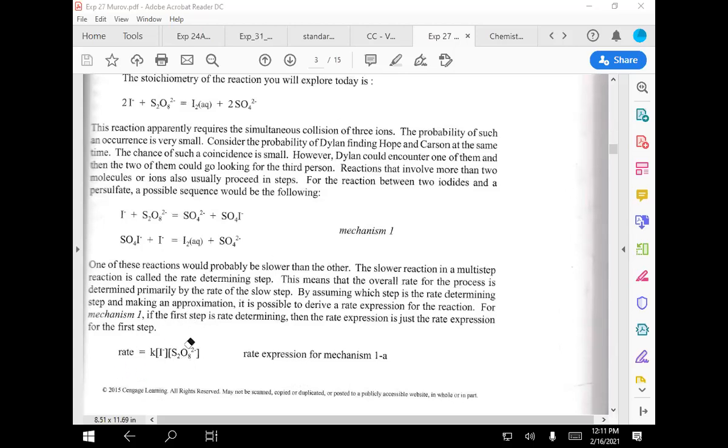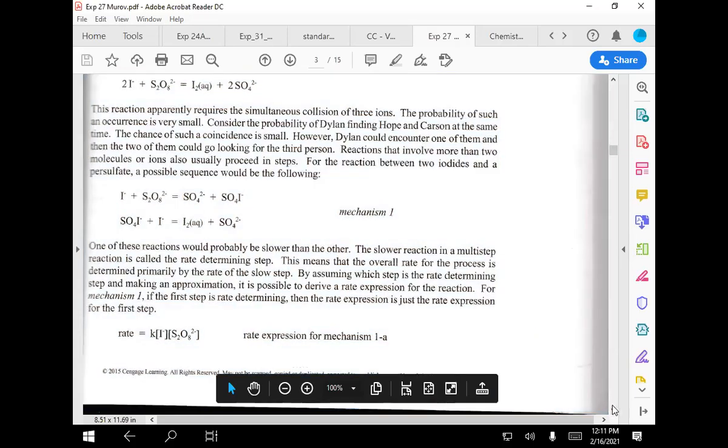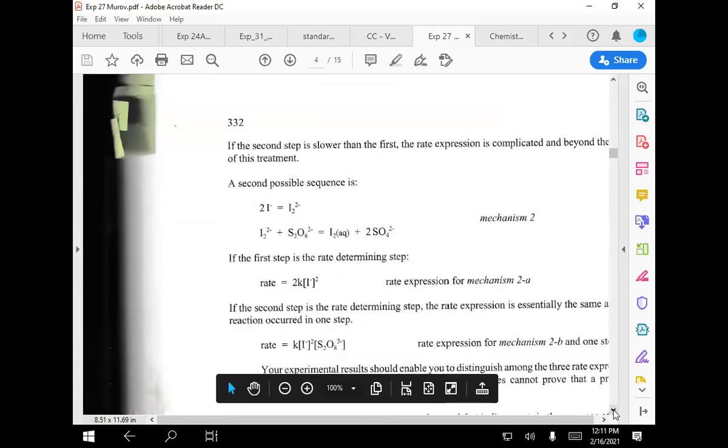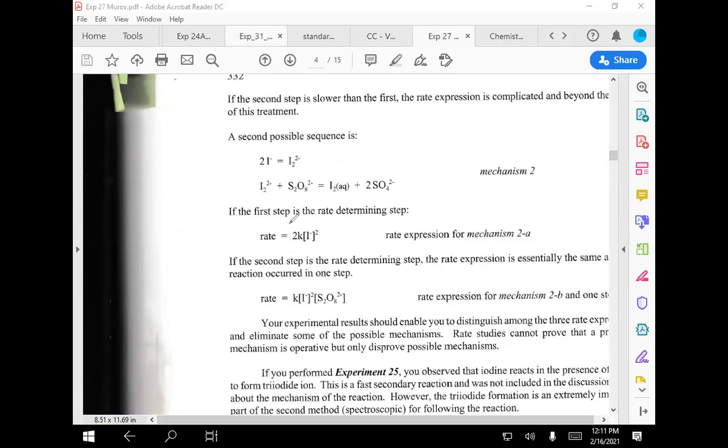So if this is your rate law, then here's our mechanism. We had the other possible mechanism. This possible mechanism was if we had a rate law that is second order in the iodide. Don't worry about that too. We don't see that often.